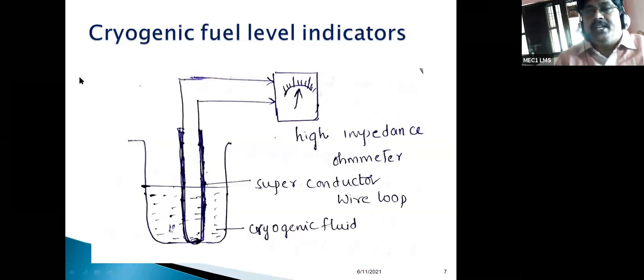Next, the magnetic level indicator. It consists of a flat float with a magnetic bar, placed in the liquid in a sealed chamber whose level has to be measured.